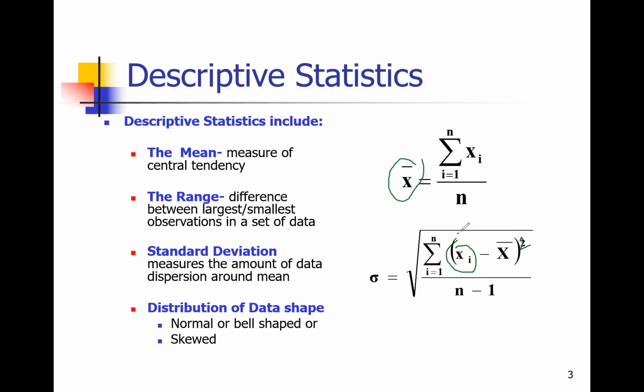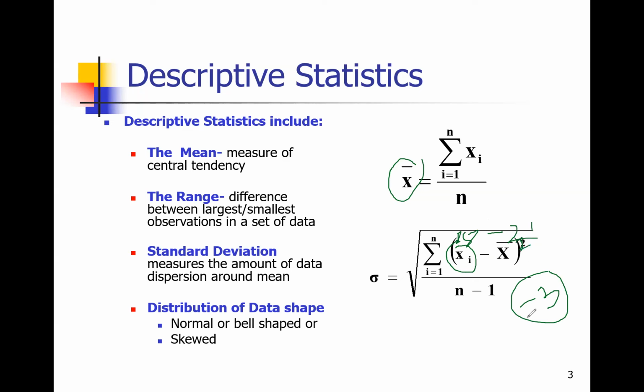If one person's age is 18, then 18 minus 21 is what value? Minus 3. When you use plus and minus, there will be a problem of sign.